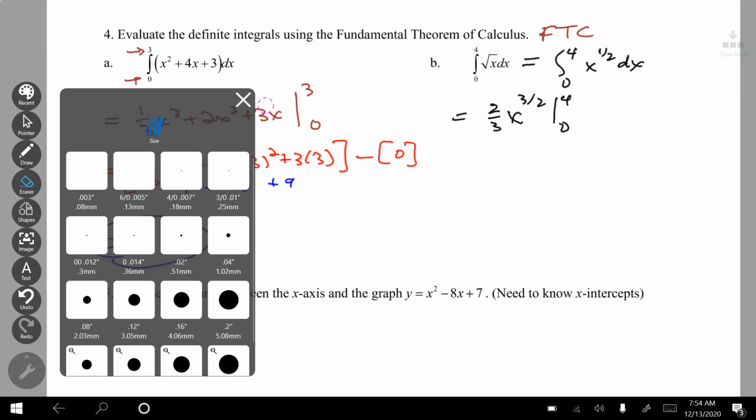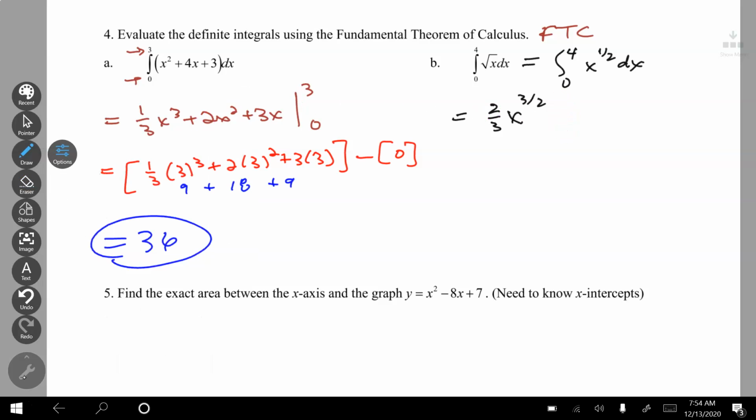Plugging in 0 and 4, I get 2/3 of 4 to the 3/2, which is my upper, minus 2/3 times 0 to the 3/2, which is my lower.